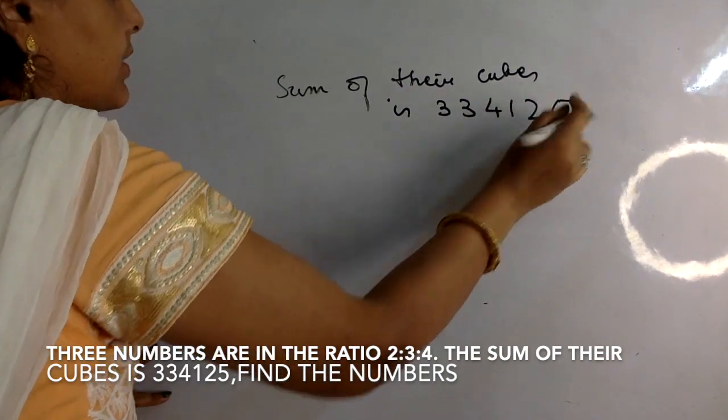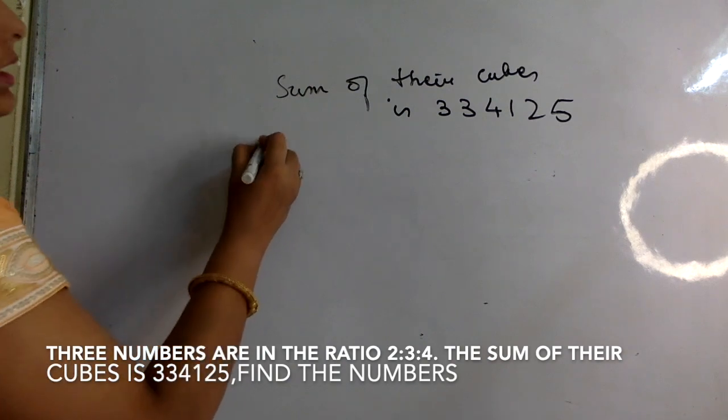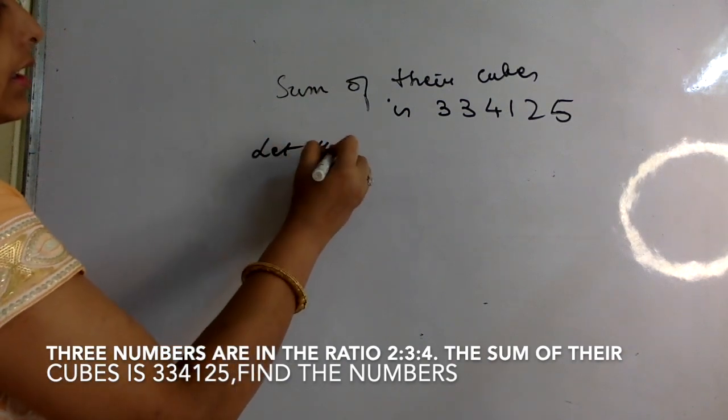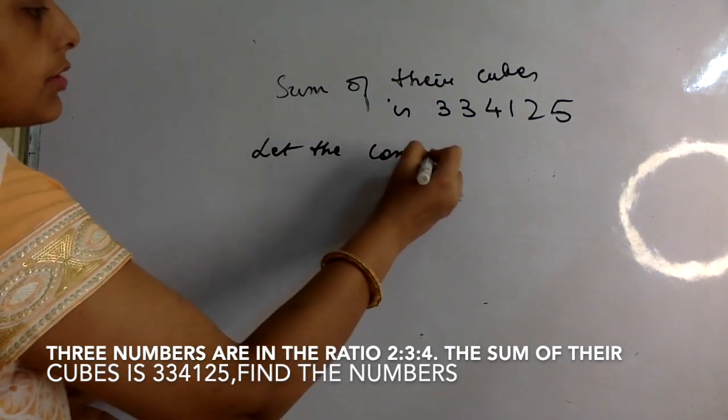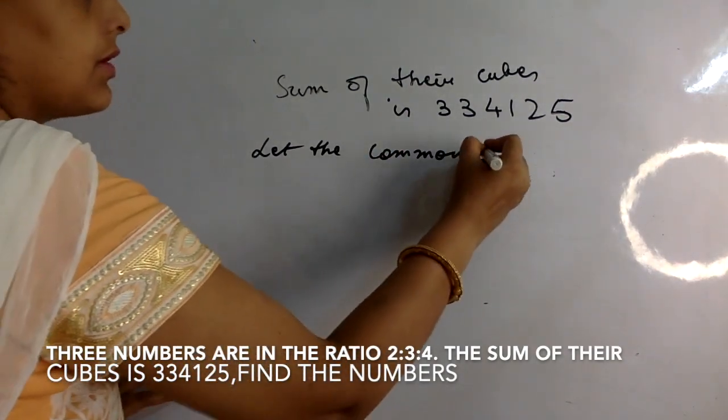Now this sum is very highly prone to mistakes. Find the numbers. So the ratio of the 3 numbers is 2:3:5. Let the common multiple be taken, because whenever we have ratios we have to have a common multiple.